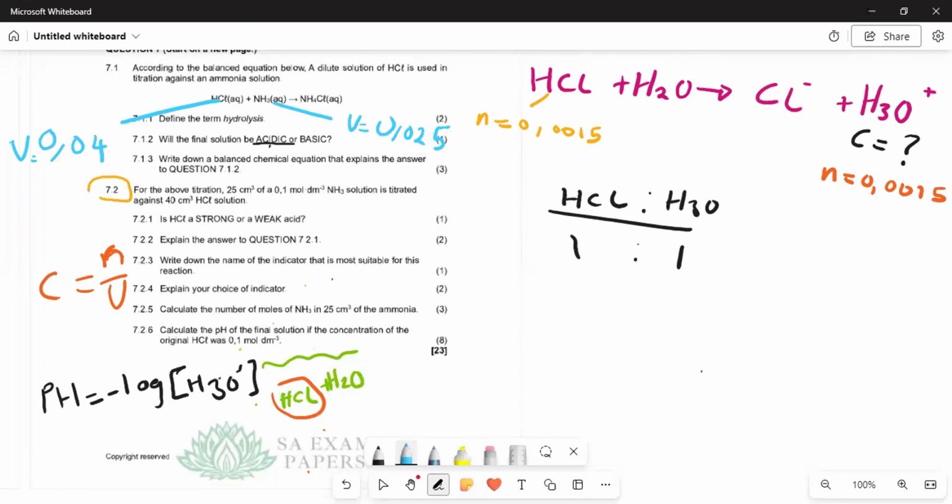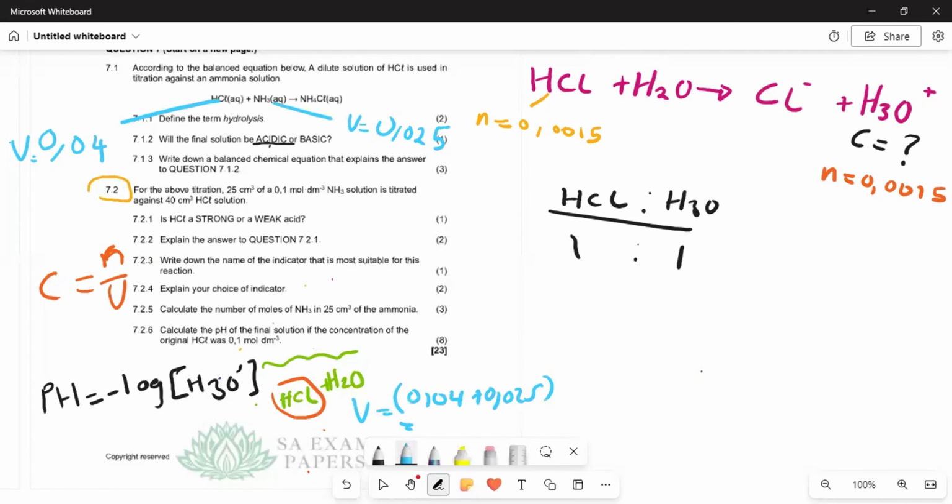Now, always the volume for your products would be the addition of the volumes of your reactants. Because why? Your volume represents what's in the container. Hence, we say the volume of all your products would be the addition of the volume of your reactants. In this case, for all our products, it will be 0,04 plus 0,025.